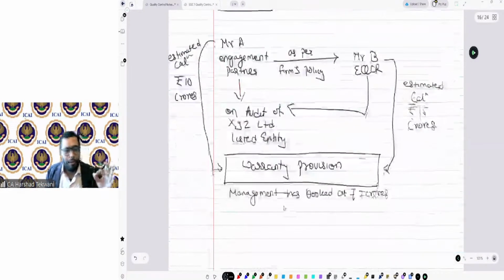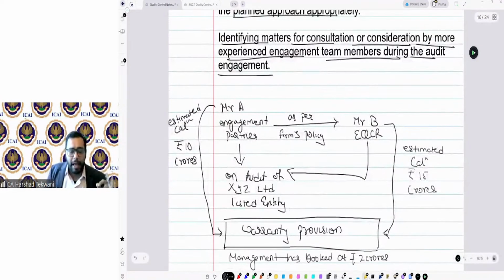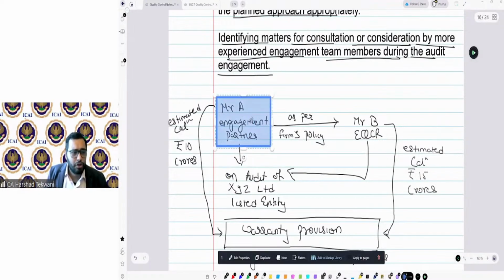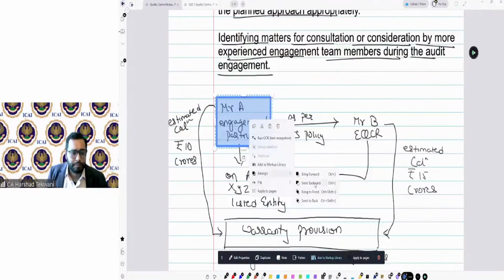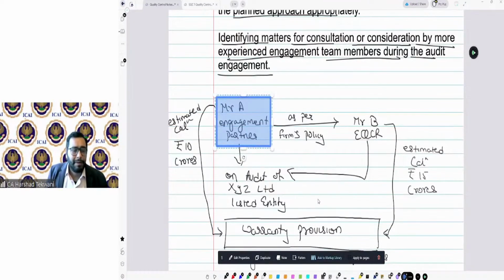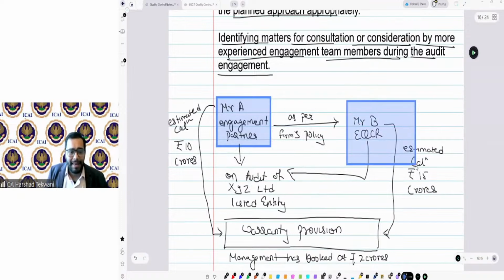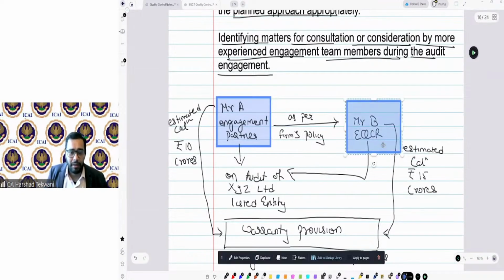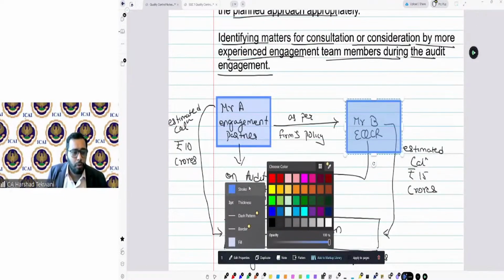Okay, so on one side there is Mr. A, engagement partner, on the other side you have Mr. B, EQCR. Mr. A is saying no, it should be 10 CR. But Mr. B is saying no, it should be 15 CR. Now, who will prevail here? You tell me.